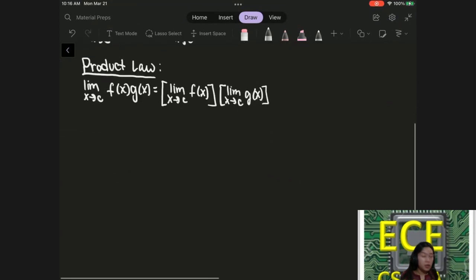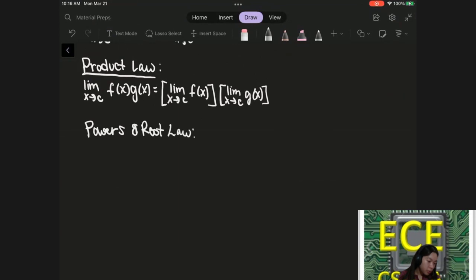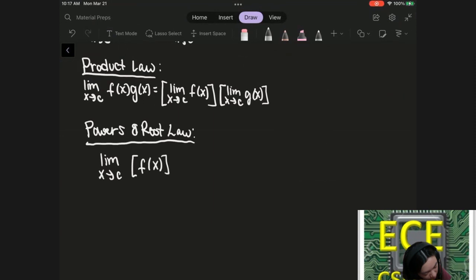Okay. Next up is the powers and root law. So, in this law, we're going to have the limit as x approaches c of a function f of x to the p over q.